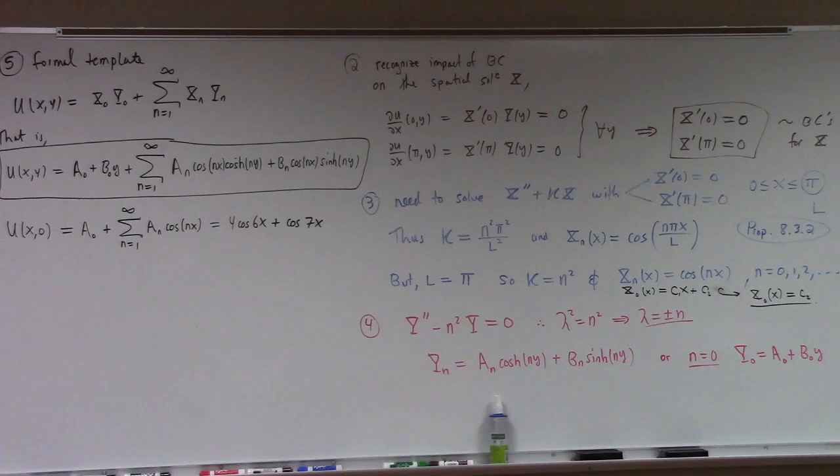So you guys tell me. We don't need the Fourier technique, right? The reason for that is that the given boundary condition at y equals 0 is already a Fourier polynomial, right? It's already just a sum of cosines.